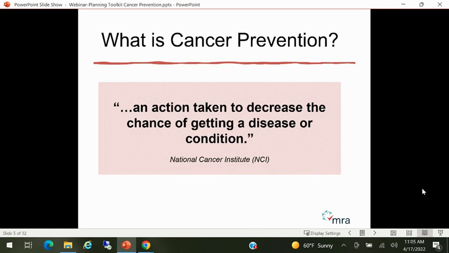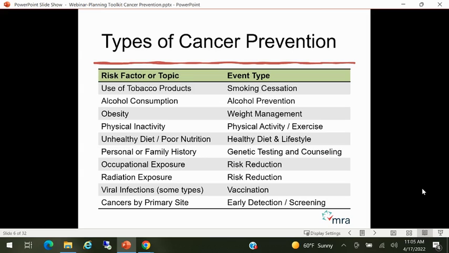So what is cancer prevention? According to the NCI, it's just an action that is taken to decrease the chance of getting a disease or a condition. There are many different types of cancer prevention that your facility can offer. Here's a list of just some. I've listed the risk factor or the topic on the left, followed by the event type on the right.